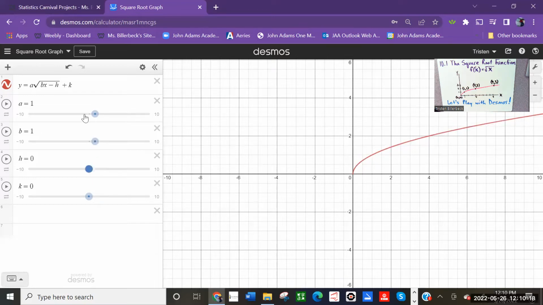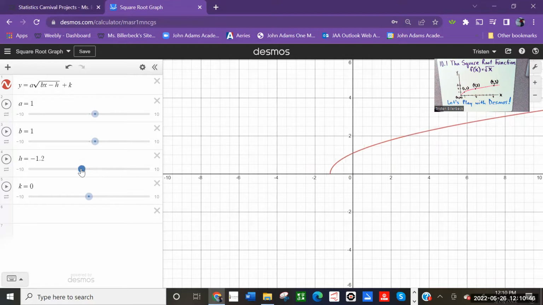Okay, now h, what do you think is going to happen here? It's going to do exactly what it did with the absolute value function and the same thing it did with the parabola. So in the vertex form, it's going to move it to the right as we increase it positively. It's going to move it to the left as soon as it becomes negative.